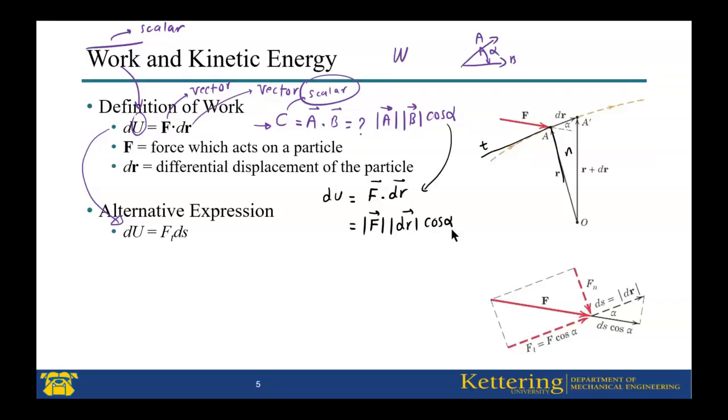Then F cosine alpha. What is F cosine alpha? What is F cosine alpha called? Yes, Ft.